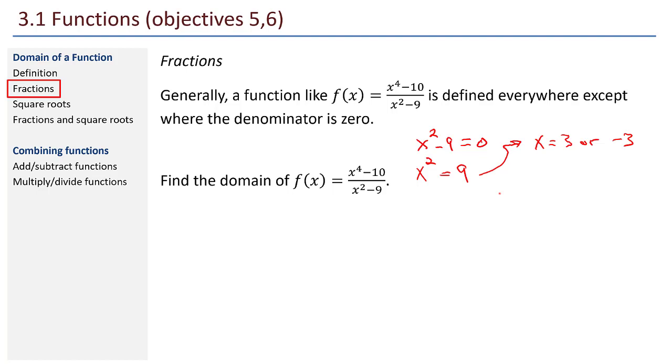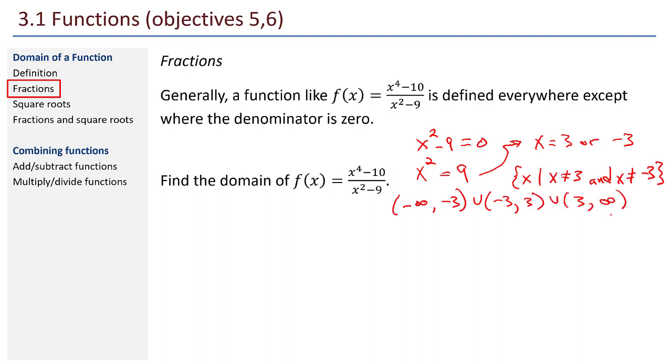So I might say that the domain of this function is actually the set of all x such that x does not equal 3 and x does not equal negative 3. Or I could write this in interval notation. Negative infinity up to negative 3, union negative 3 up to positive 3, union 3 up to positive infinity. So all real numbers except for negative 3 and positive 3.